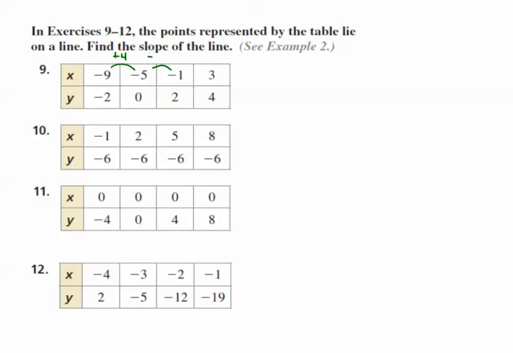Negative 5 to negative 1, up by 4, negative 1 to positive 3, up by 4. The y values, from negative 2 to 0, it's up by 2, 0 to 2, up by 2, 2 to 4, again it's up by 2.